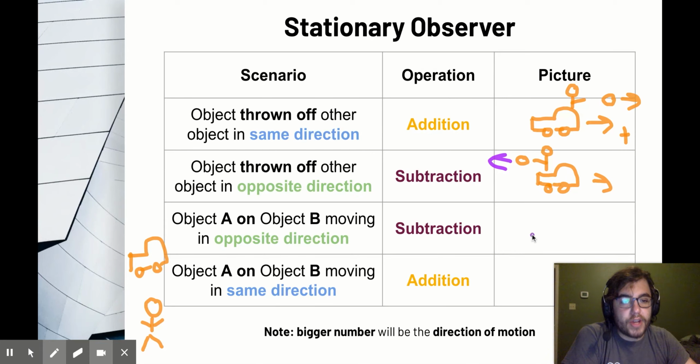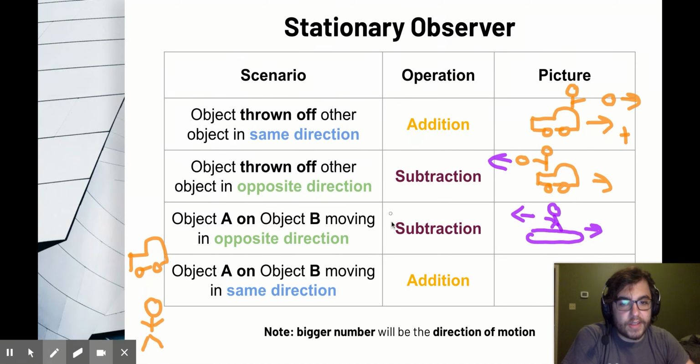Now, this is our treadmill scenario where the treadmill is traveling this way, or it's a boat, or whatever is traveling this way. Whatever is on top of the boat or treadmill is traveling in this direction, and it causes a subtraction to occur.